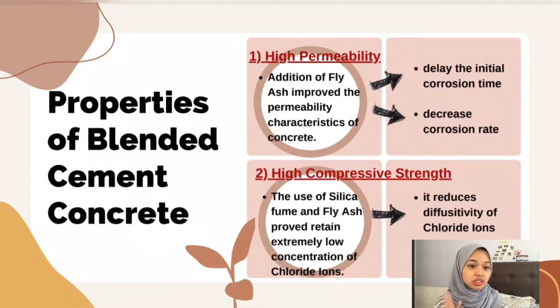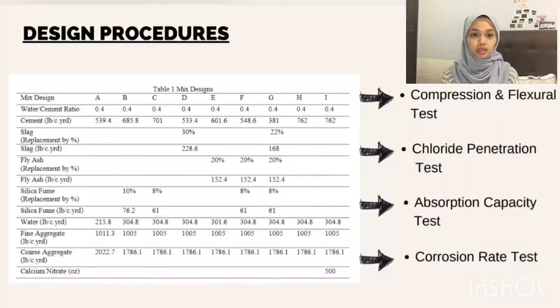And the addition of silica fume and fly ash significantly reduced the diffusivity of chloride ions in concrete. So the chloride-induced corrosion of steel is unlikely to occur. For design and procedures, there are 9 different mix designs that are used in this study, as you can see from the table.